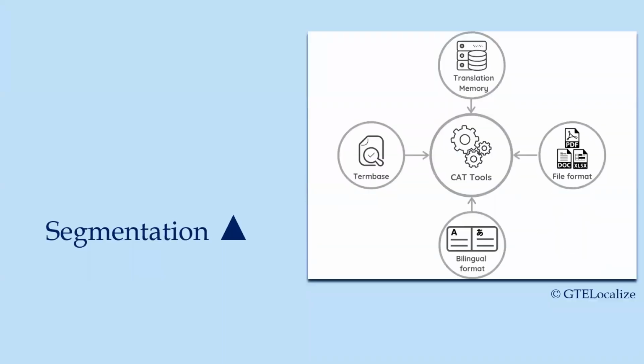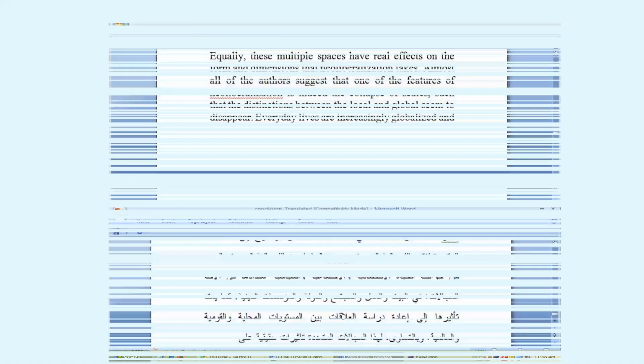We mentioned that every CAT tool processes the content, transforms the content into segments based on the structure of the very source file. Here is an example.